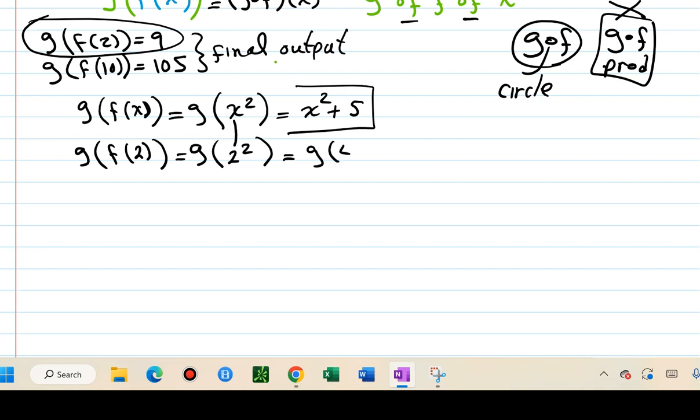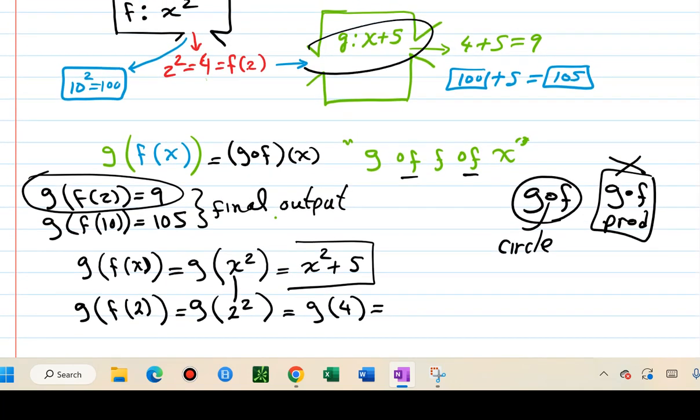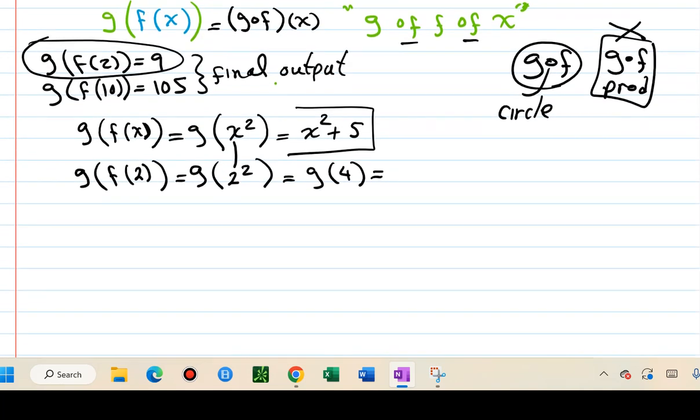That becomes g of 4. And g of 4, you plug 4 into g, and remember g was x plus 5. So I'm going to actually do 4 plus 5. The answer is 9. You see, we get the exact same output.